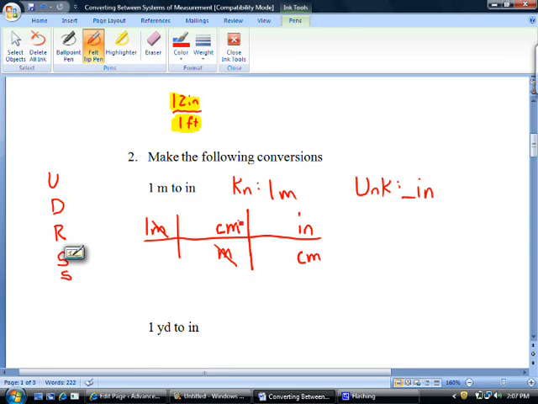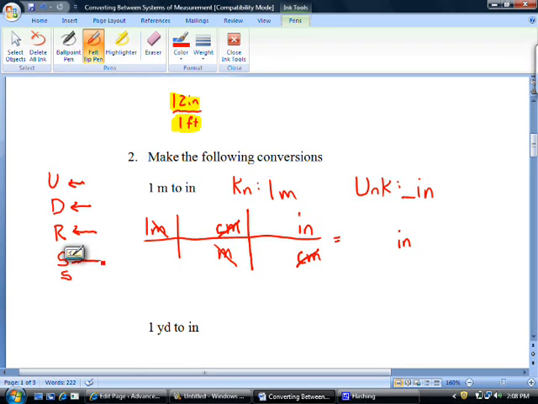So I'm simply looking at what I can make cancel so that I end up with the correct units. And then of course, I have the unit multipliers in mind that I'm going to use with those. So I've looked carefully through my units. I've written the data, the known and unknown, and I've shown my relationships in the unit multiplier units.